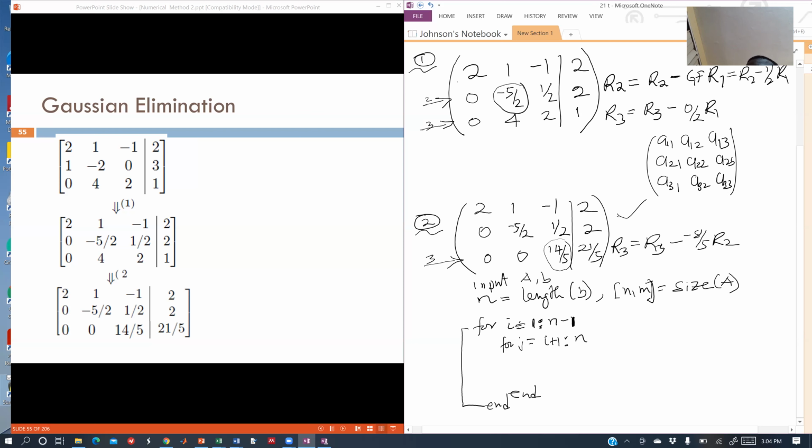Then the first Gaussian factor I computed, which came from this entry divided by this entry, is going to be what? A21 divided by A11. So my first Gaussian factor came from A21 divided by A11. Is that okay?